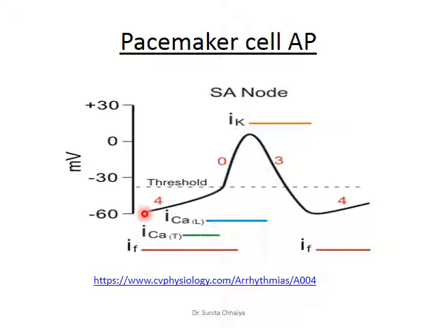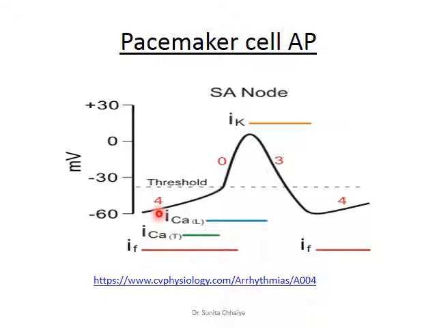At the start of phase 4, where the membrane potential is around minus 60 millivolts, there is an opening of the sodium channel. Opening of the sodium channel increases the membrane potential towards minus 50 millivolts.